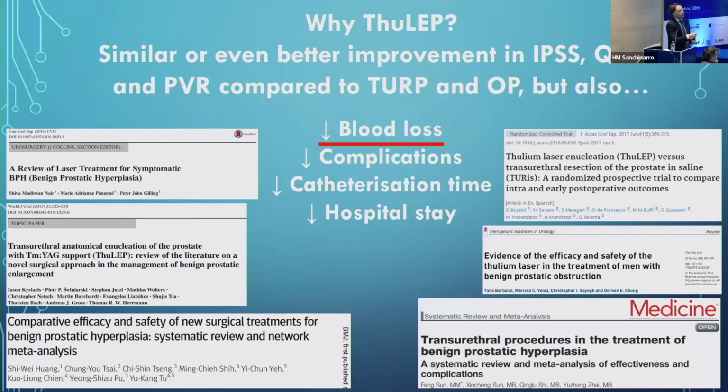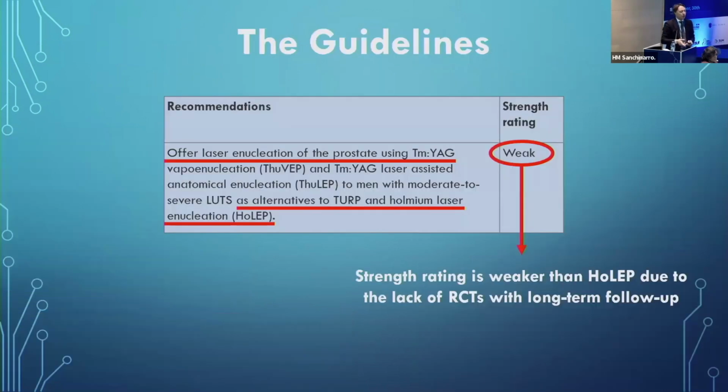If we have a patient with an indwelling catheter, with a big prostate, who was not taking dutasteride, is more likely to have a more bloody procedure than one that has no catheter and was taking dutasteride, so it's different. But with thulium, you have a better control on hemostasis.